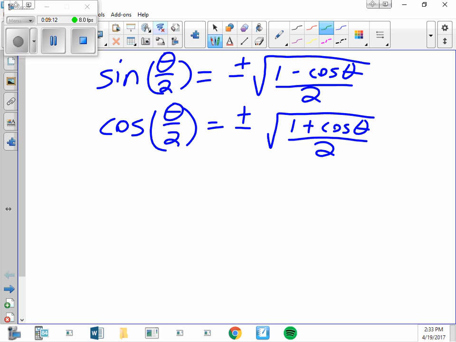Now, the trouble with the half angles is you have to decide whether it's plus or minus. You just have to figure out what quadrant you're in.